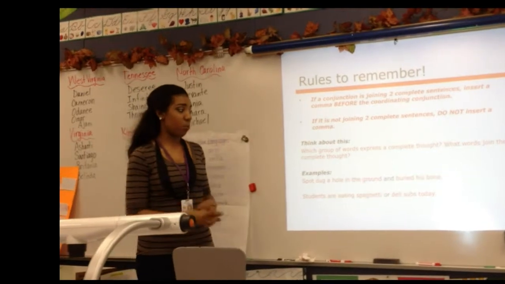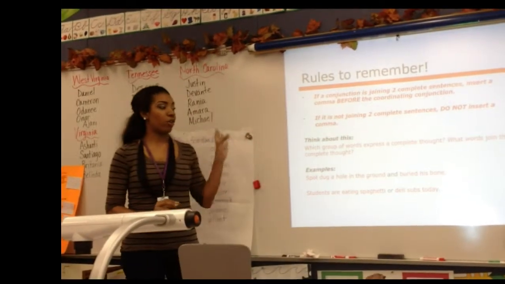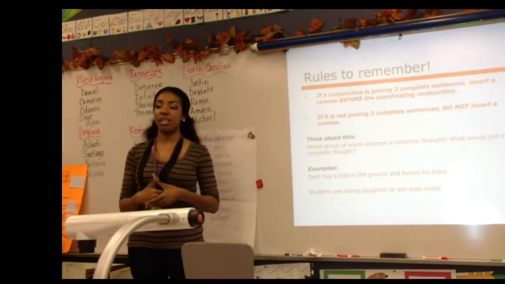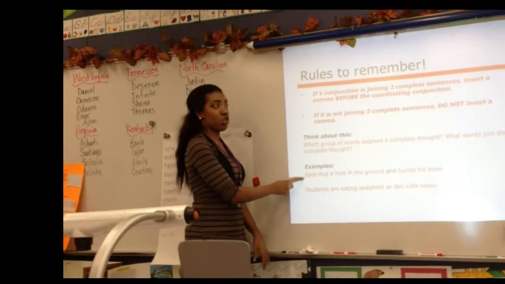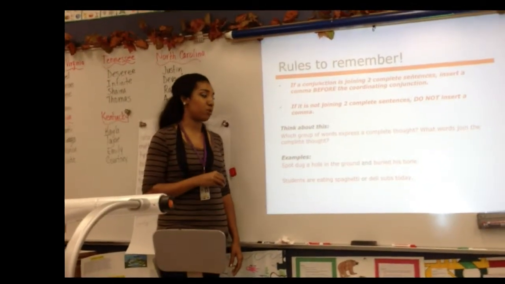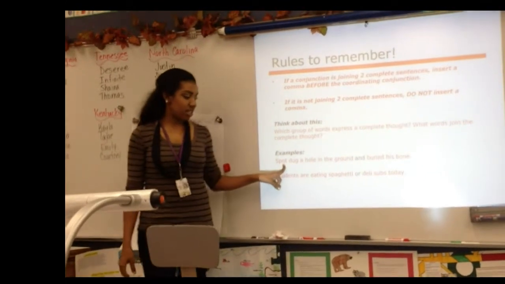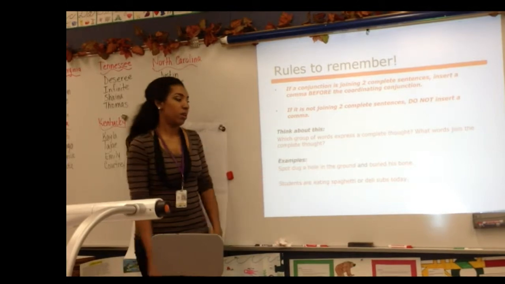Think about this. On either side of the conjunction, are there a group of words that express a complete thought? Okay? Let's look at this sentence right here, because I'm going to show you why we don't use commas sometimes in these compound sentences or use conjunctions. In this sentence, Spot dug a hole in the ground and buried his bone.